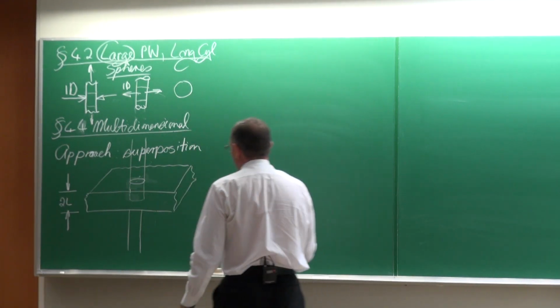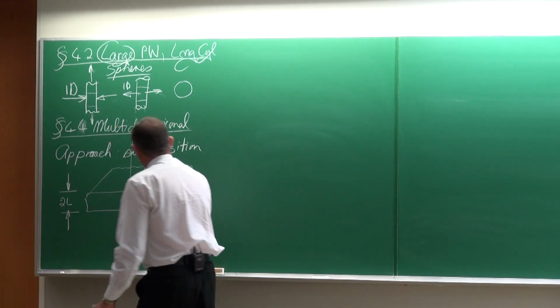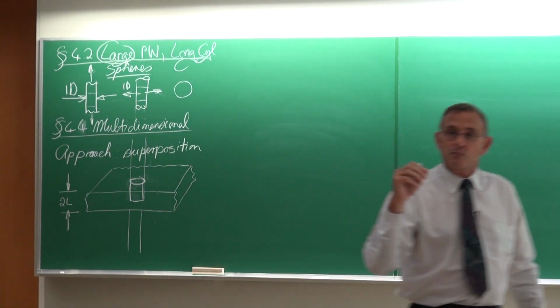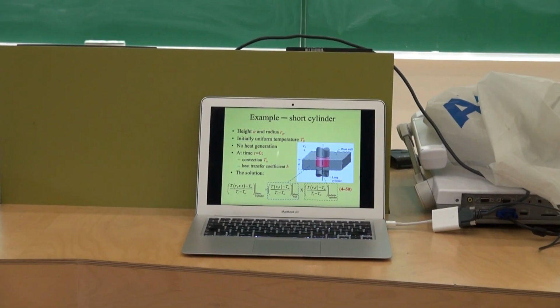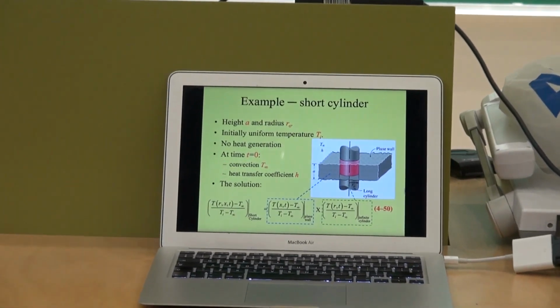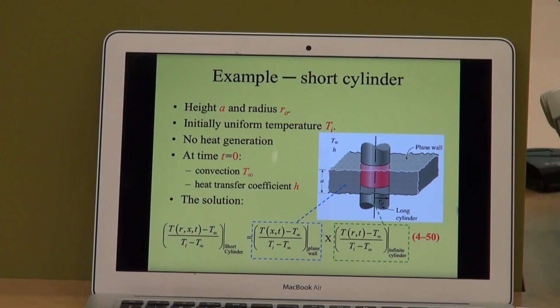And if you use your imagination a little bit, and maybe if you can draw better than I can, you will see the product of it is a short cylinder. And that is shown better in this PowerPoint. So the sketch is much better than mine. You see it? So the product of two solutions gives you the answer of a short cylinder.